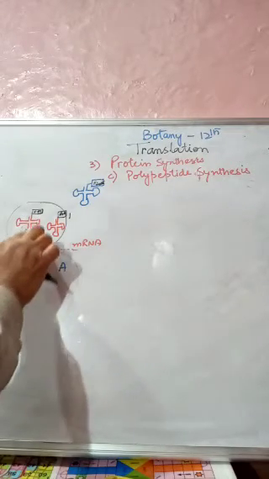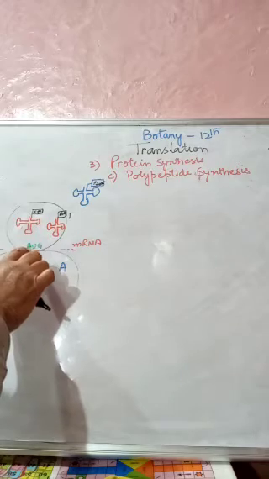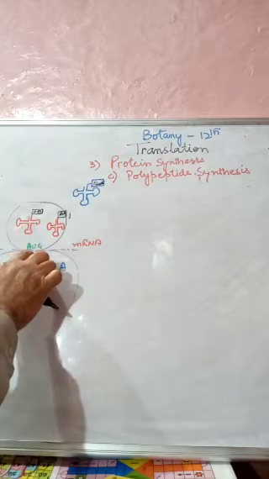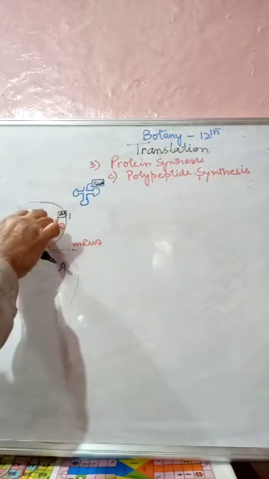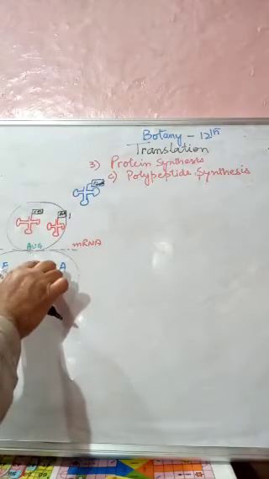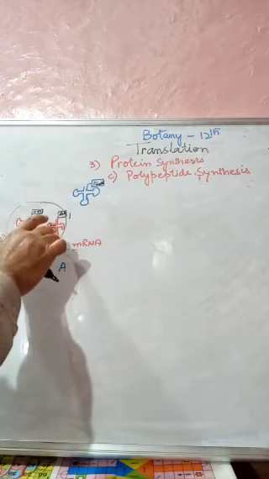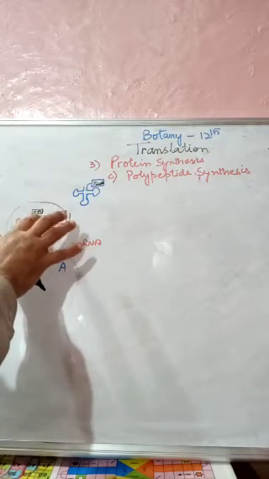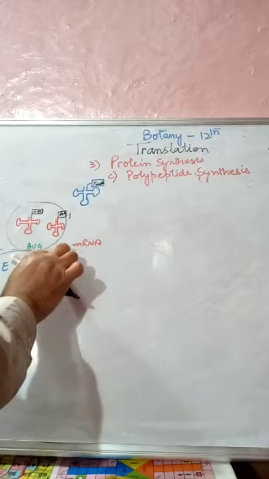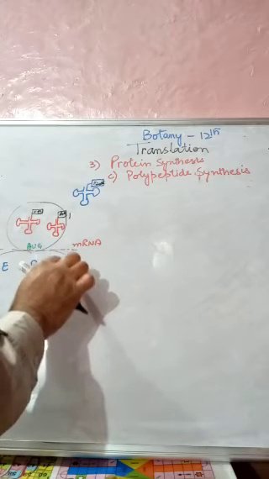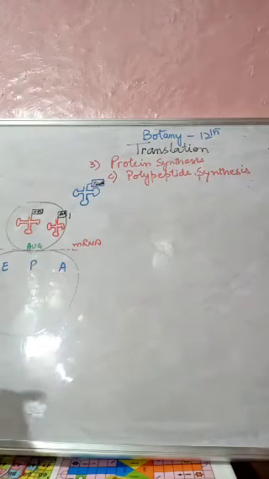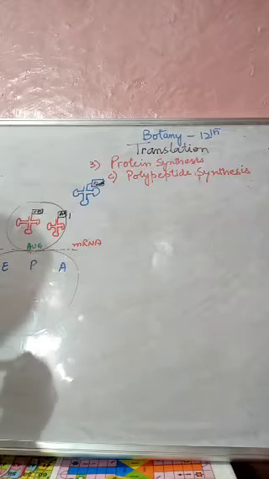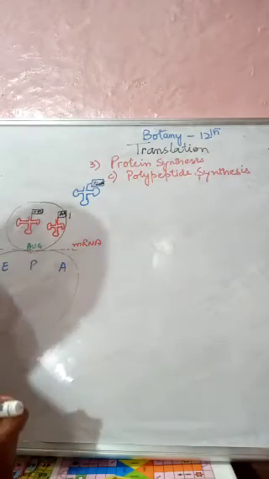The first tRNA, which had read the code AUG for F-Met, can come and bind at site P. The other tRNA, which read the code at site A, can come and bind at site A.